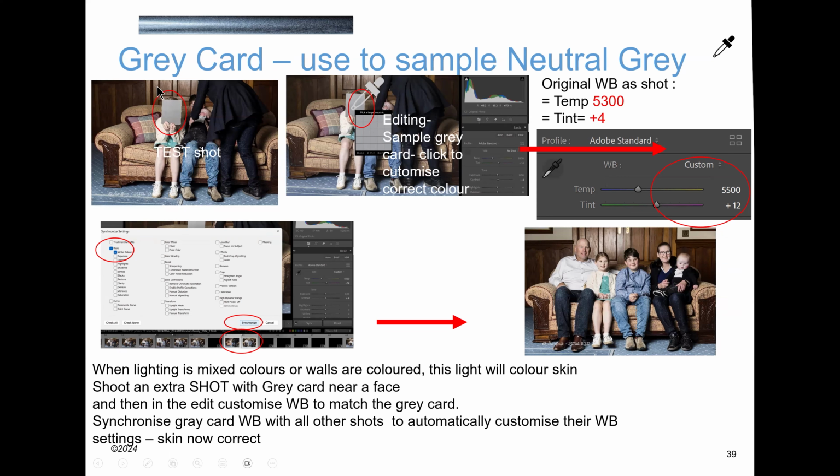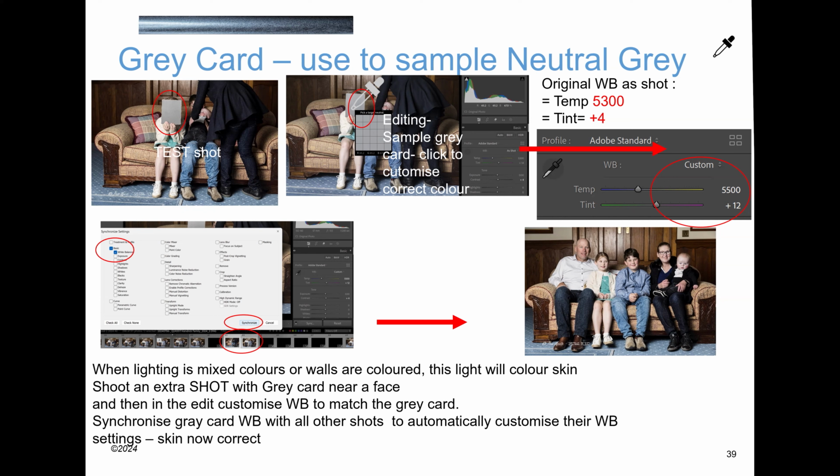And I know if I take photographs in this room, everyone gets a color cast of yellow in their face, because if I'm using sunlight or even flash, it bounces off these walls and gives everybody this really orangey colored skin. So I have to use what we call a grey card. Now, you can buy these grey cards on the web.